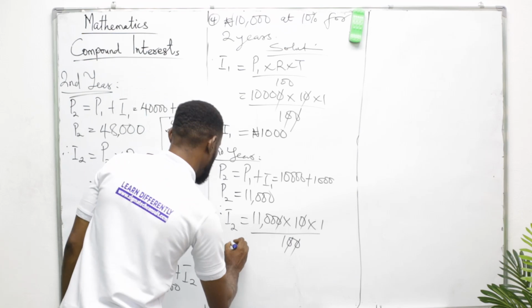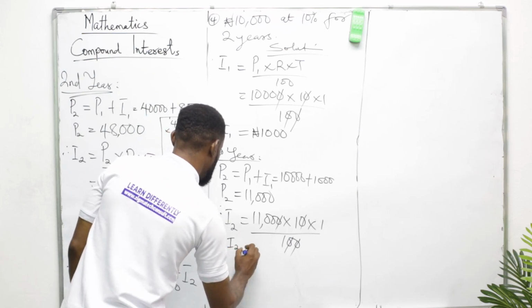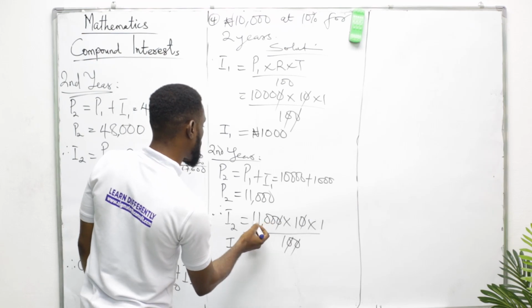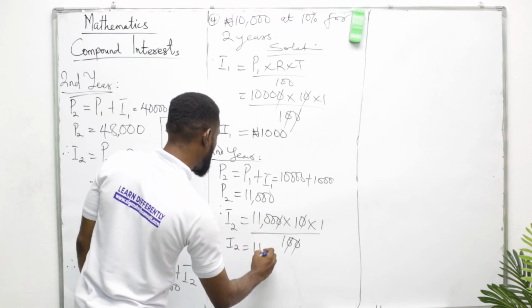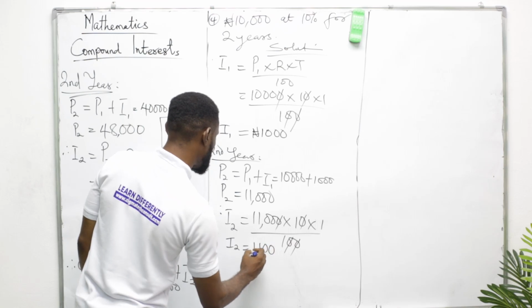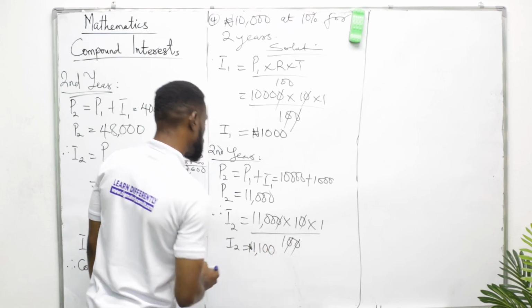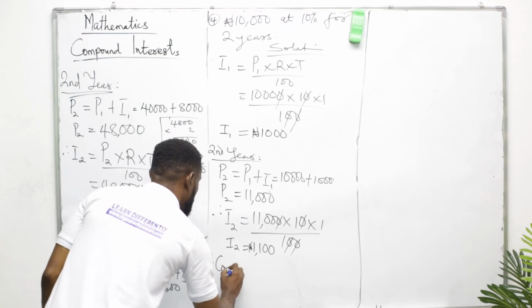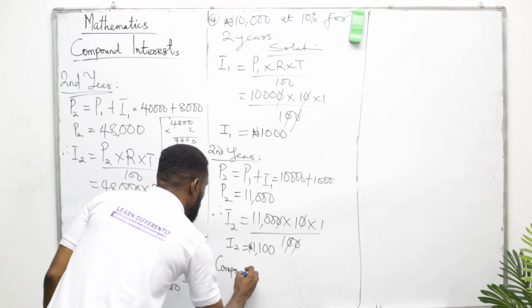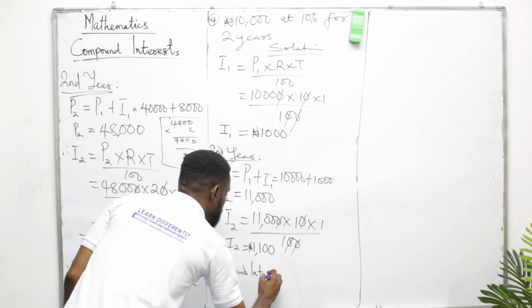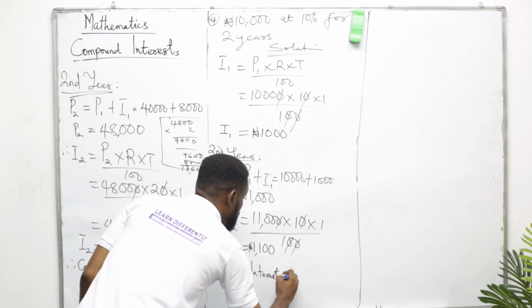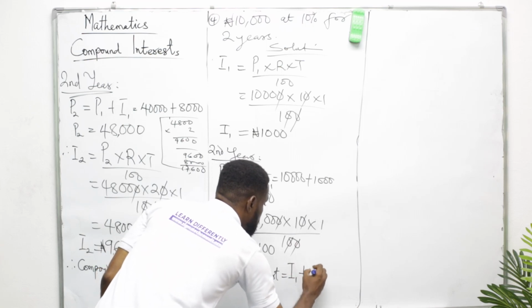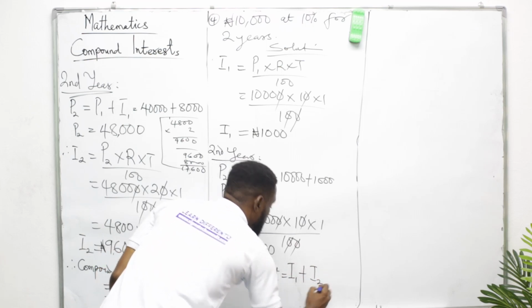So we're having the interest for the second year to be equal to 1,100, because this is 1,100, in naira, please. So 1,100. So we say therefore the compound interest is equal to the interest of the first year plus the interest of the second year.